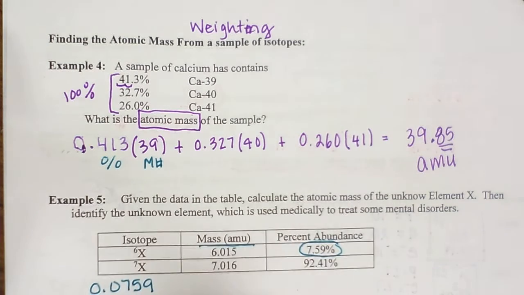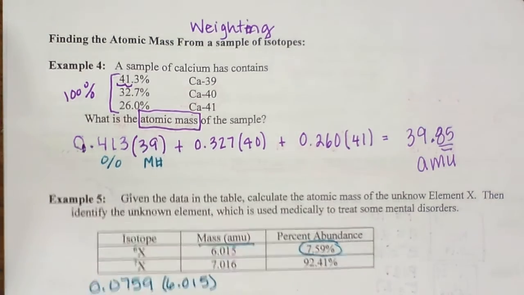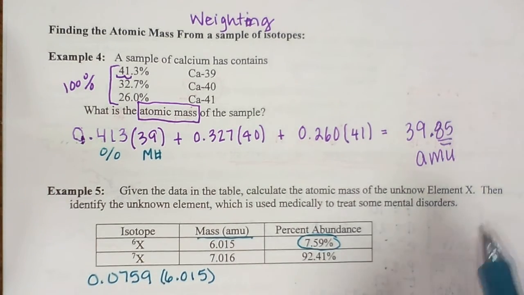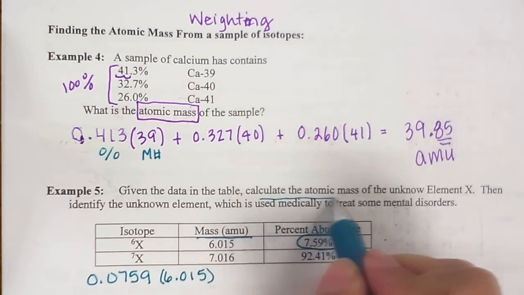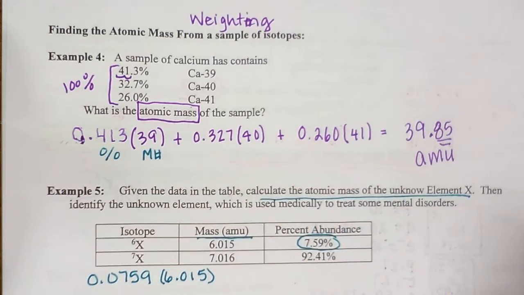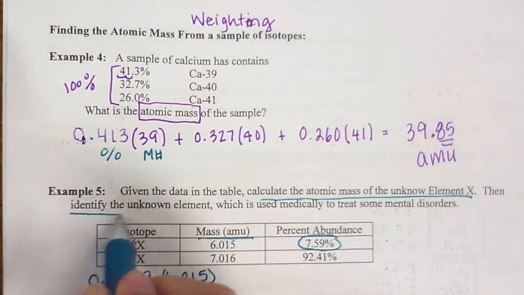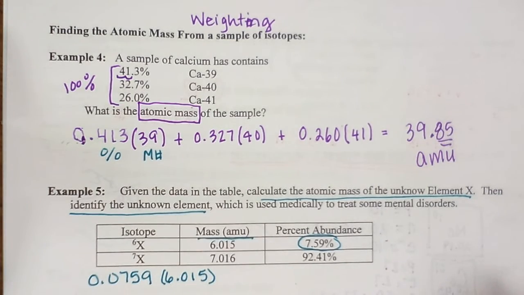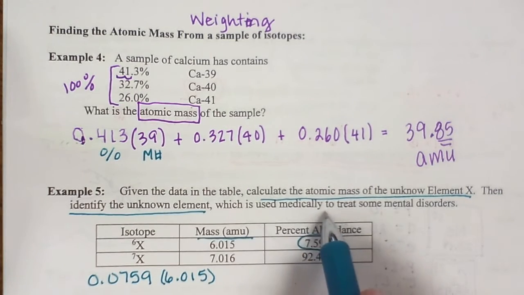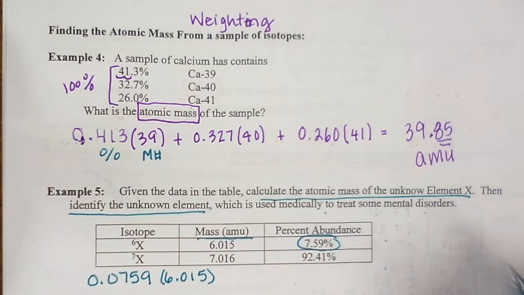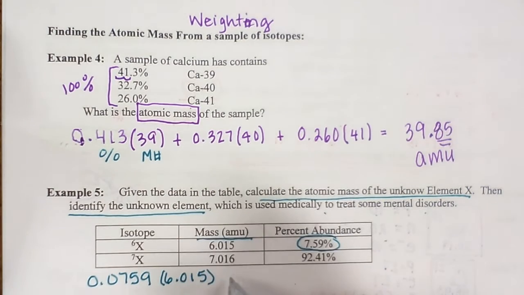0.0759 times 6.015. Now, when we're done finding our atomic mass, it says, calculate the atomic mass of the unknown element X, and then identify the unknown element, which is medically used to treat some mental disorders. Okay.